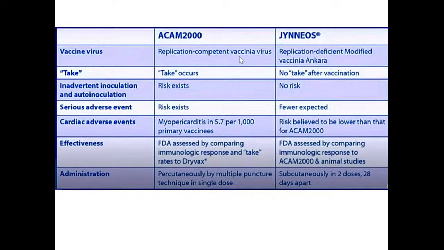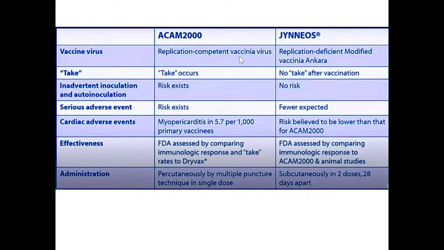No risk of autoinoculation means that when you are vaccinated with the live Vaccinia virus, you can just scratch the area and then put the hand in the eye, for example. And this is autoinoculation, or you can spread the virus to other areas of the skin. This is possible with ACAM 2000, but not possible with Jynneos. So Jynneos is new vaccine, more modern, more safe, and this is given subcutaneously, 2 doses 28 days apart.